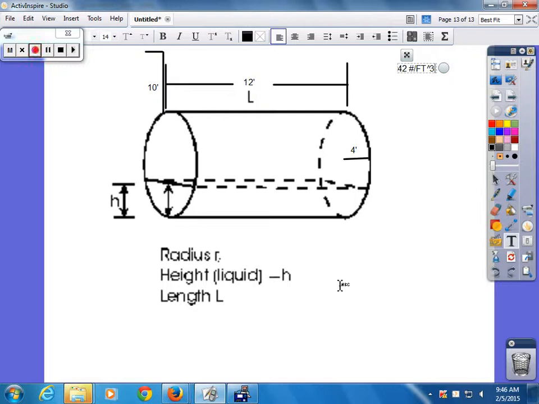And evidently the tank is full. I don't have anything that says different. The tank is full, and they want to know how much work it will take to empty the tank. Now I didn't say empty the tank and the spout, I just said empty the tank.